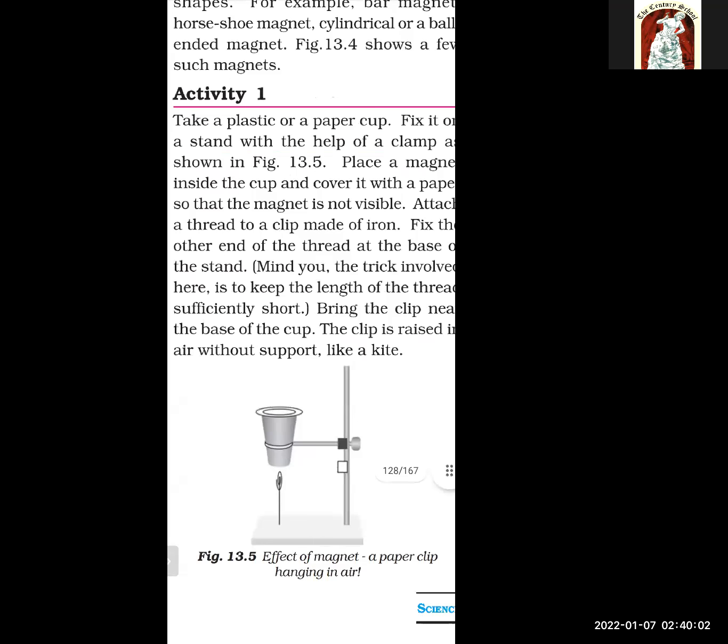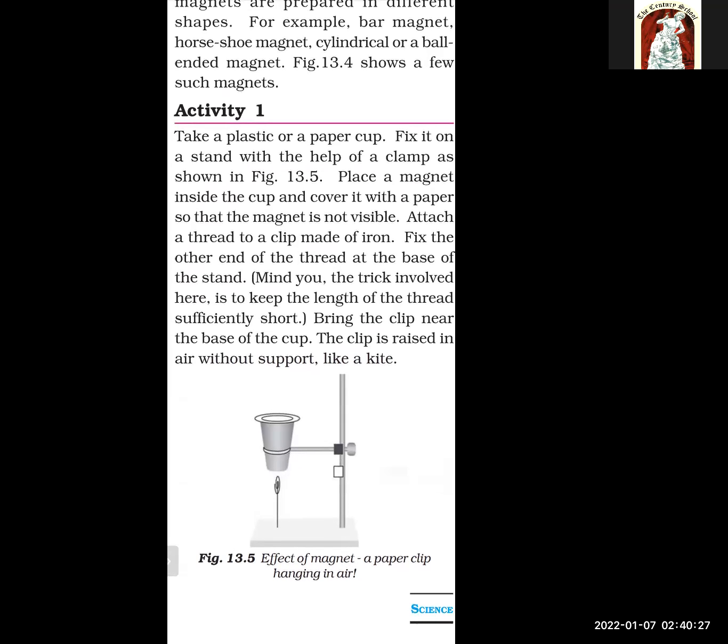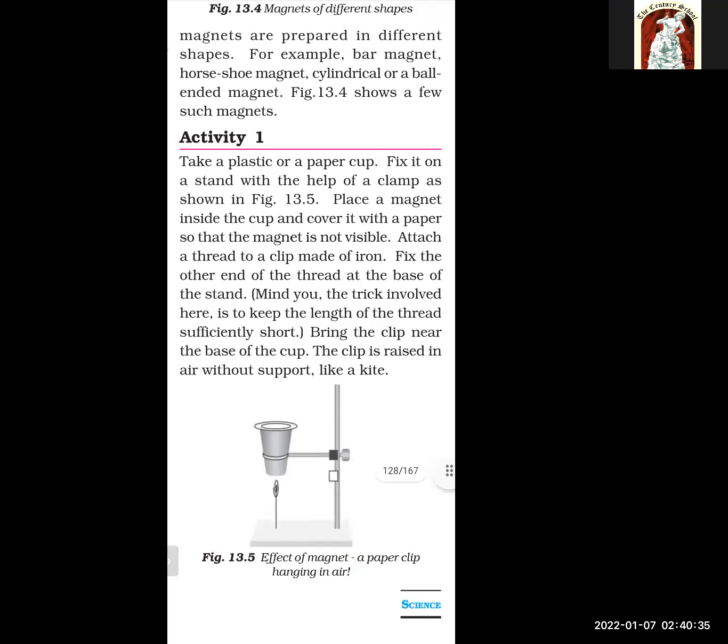So this is the figure shown in 13.5. There is a plastic or paper cup, and we will fix this cup with the help of the stand as shown in the figure. Now we will put some magnets in the paper cup, and then we will cover the magnet with paper, and attach a thread to a clip made of iron, and fix the other end of the thread at the base of the stand.